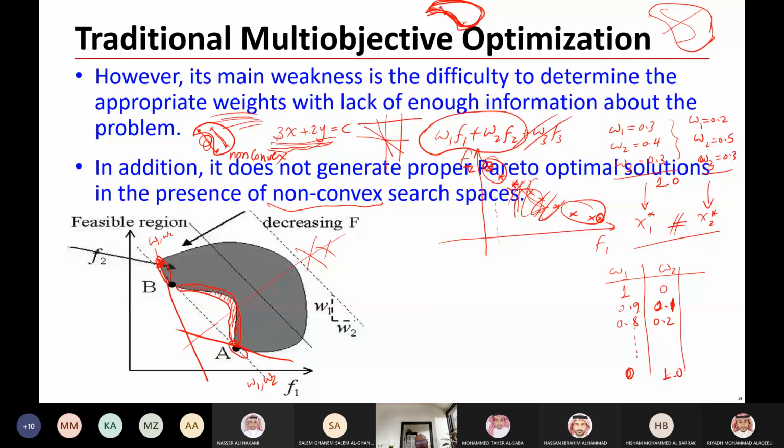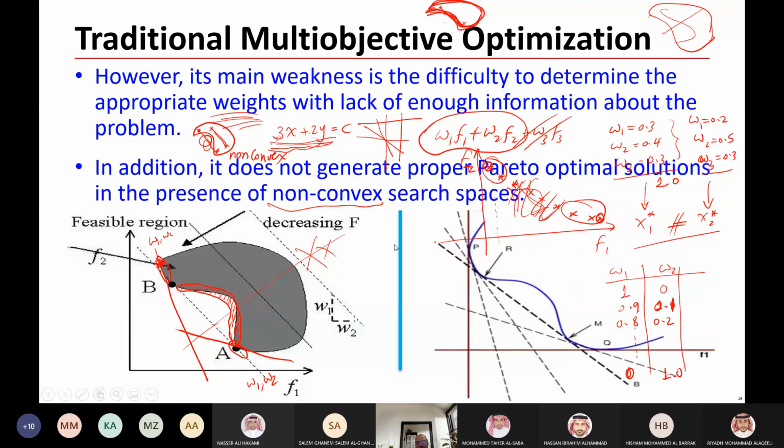This is the major problem for the weighted sum method: some parts of the Pareto front will not be detected if the search space is non-convex. If you change the weights here and there, you will end up with this part that you can identify and this part that you cannot get out of the Pareto front.